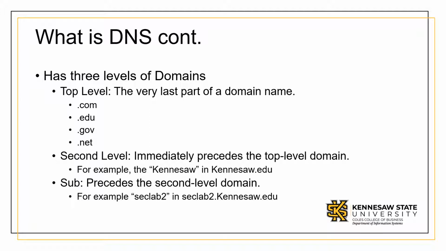Now, a domain name can have multiple subdomains, each moving a further level down, but a subdomain is what precedes the second level domain. An example that we've used in school before would be seclab2.kennesaw.edu. That seclab2 is the subdomain, which routes to a different part of the second level domain.